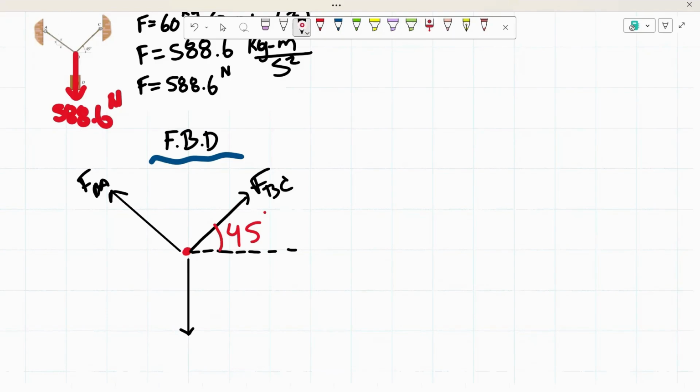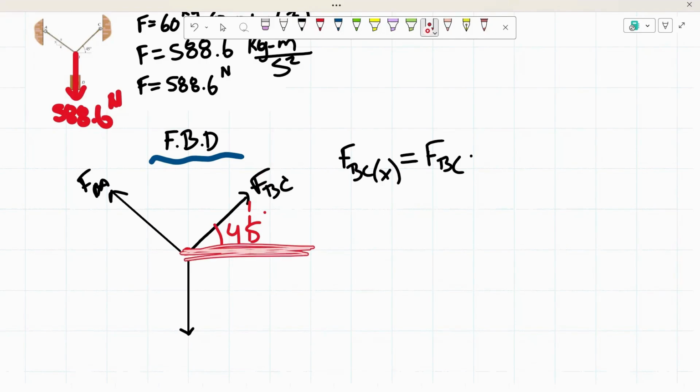So let's start off with force FBC. We're going to try to find its horizontal component. So FBC times, and we were given that this angle right here is 45. If we were to draw a triangle right here, we are trying to find the tension that's going on right here, but right now we're trying to find the horizontal component of it.